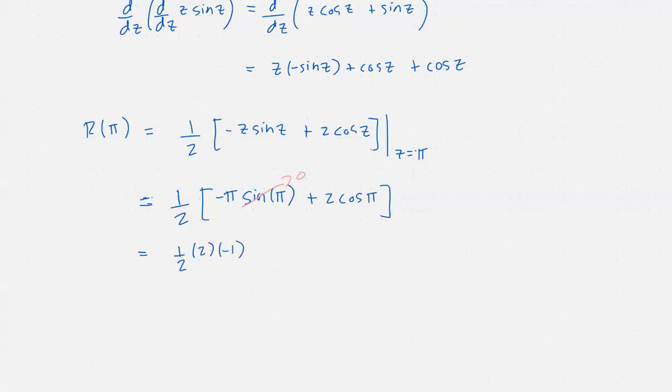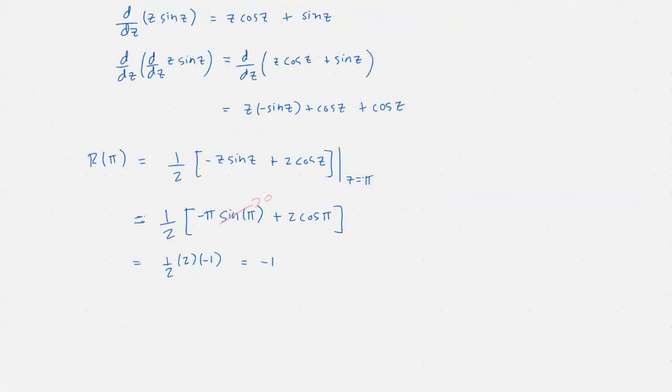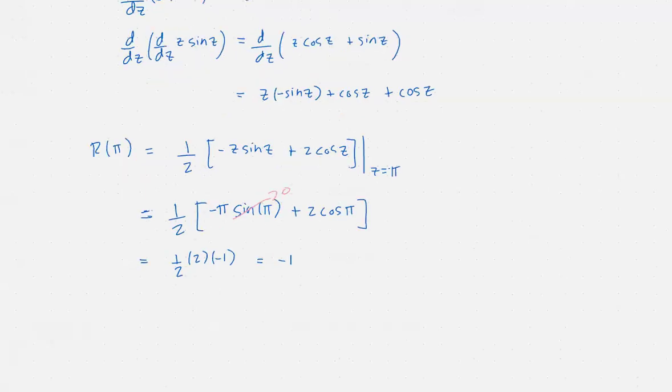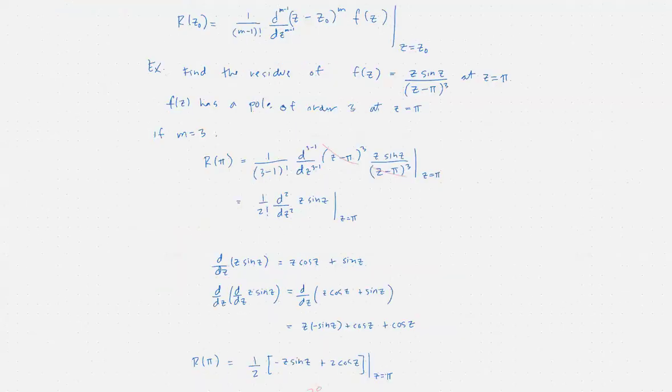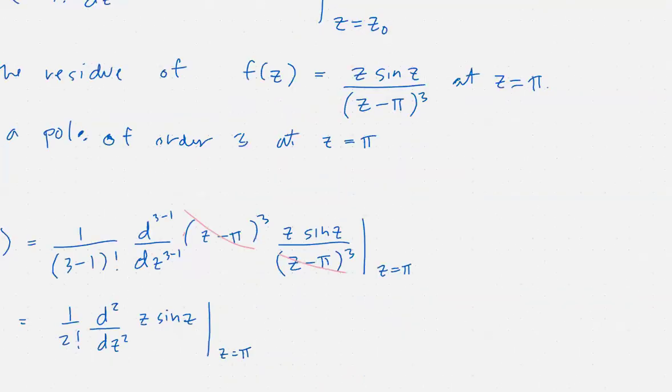So that is how you solve for the residue for multiple poles. Of course, the complexity of this method increases as we have more complicated expressions. For example, in the denominator you can have a higher power, let's say to the 6th power, or you can actually have more than one pole.